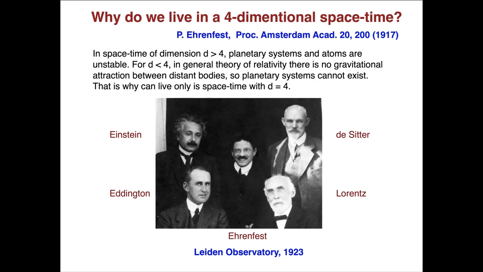At that time, he did not know yet, but now we know that in the general theory of relativity, in d smaller than 4, there is zero attraction between far removed bodies. If you have two stars in d equal to 2 or 3, they do not interact gravitationally. There are some special features of the Einstein theory. As a result, we can live only in d equal 4.